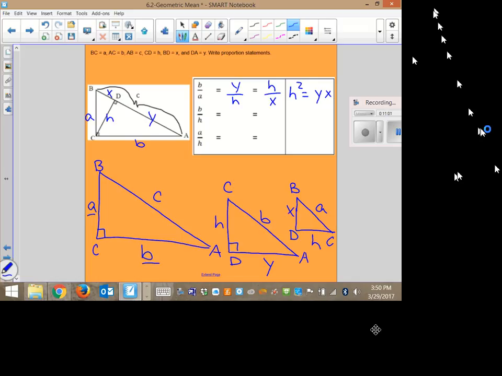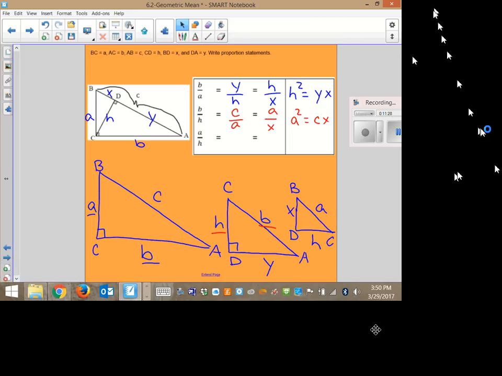So we have B over H now, and we see that over here. On our big triangle, that equals C over A. And on our little triangle, we have that to be A over X. So cross multiplying, we're going to get that A squared equals CX.